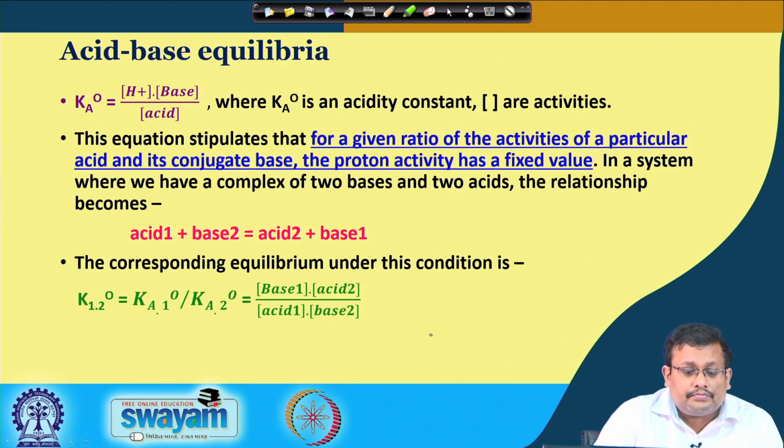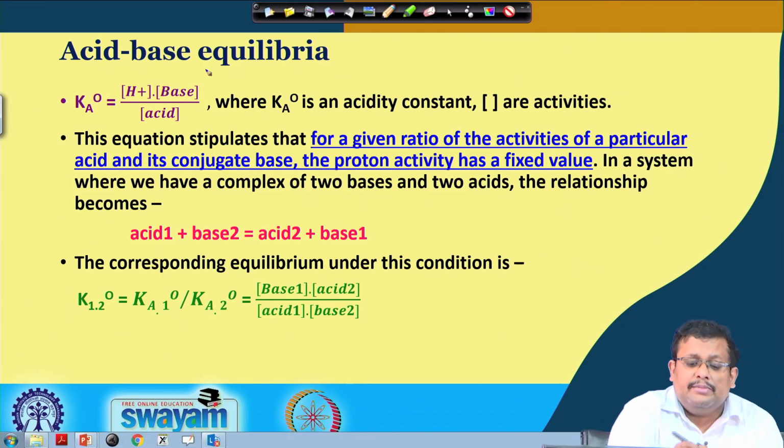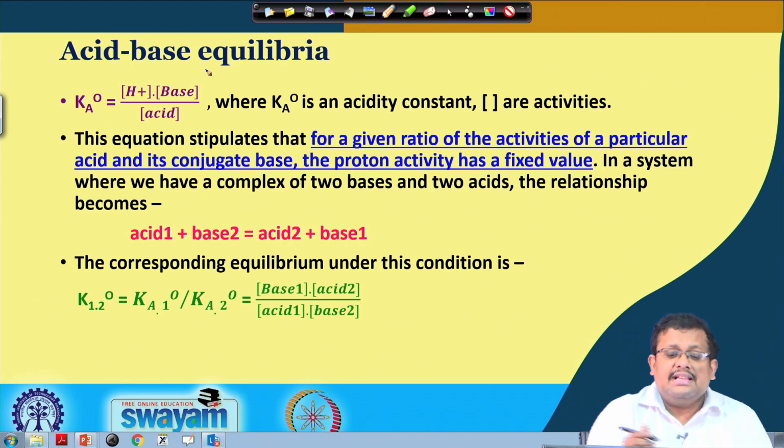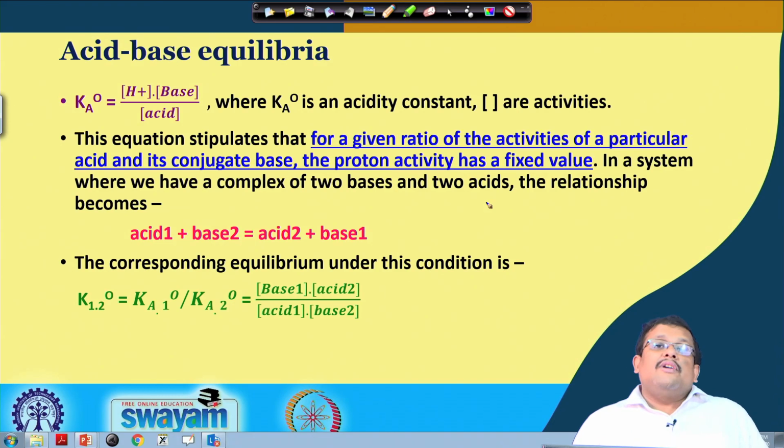Now, given this acid base equilibria relationship where K0 is an acidity constant and these brackets are activities, this equation stipulates that for a given ratio of the activities of a particular acid and its conjugate base, the proton activity has a fixed value.